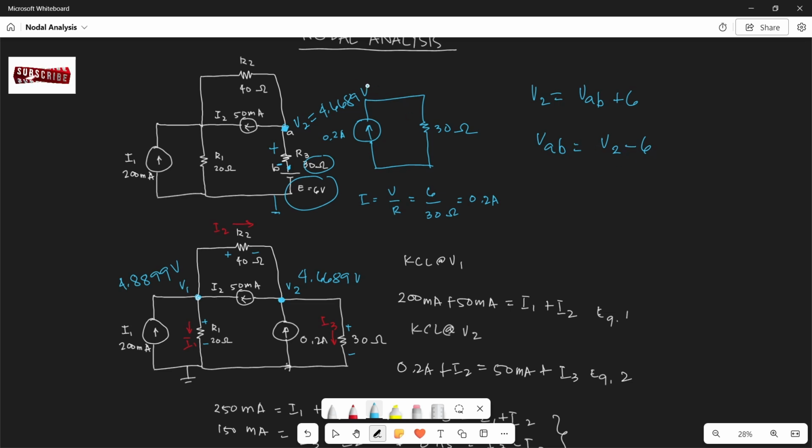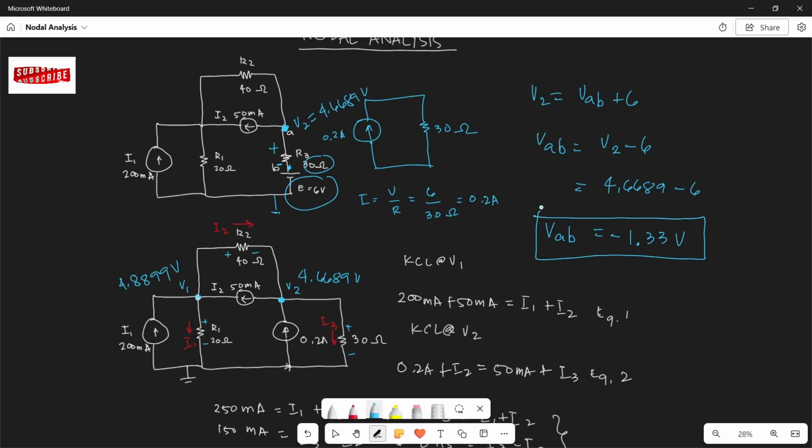V2 is 4.6689, so 4.6689 minus 6. Therefore, VAB is equal to negative 1.33 volts. So the voltage across A and B is negative 1.33 volts.